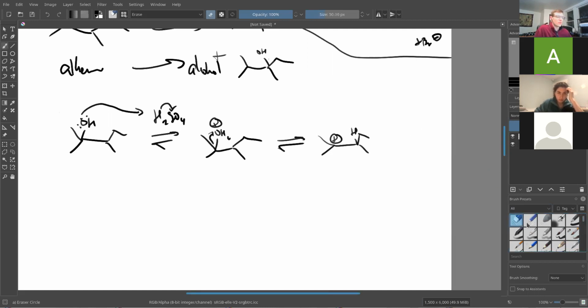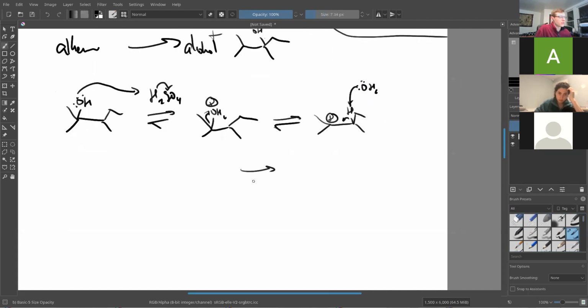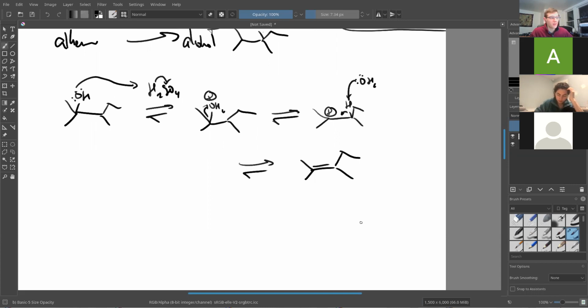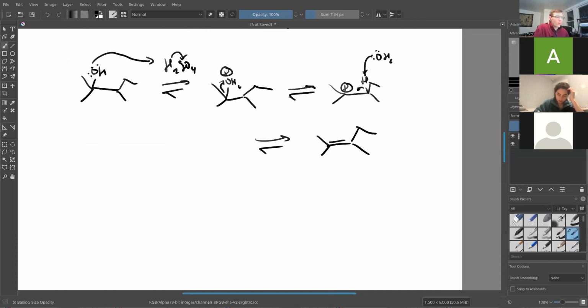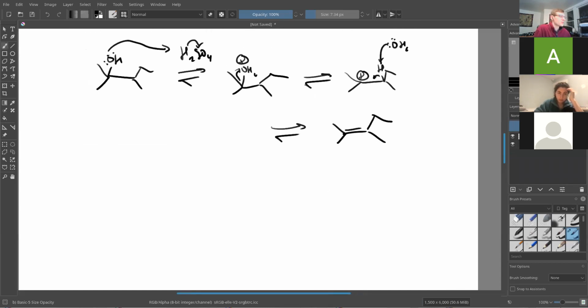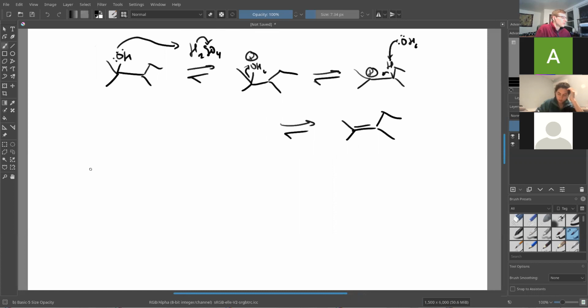So why don't I just do that? Here's water, and it's going to push these electrons onto here. And that is it. That is the arrow pushing mechanism. Now if we were going backwards, we would just flip these arrows around.